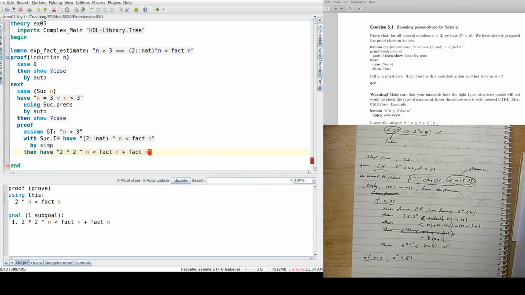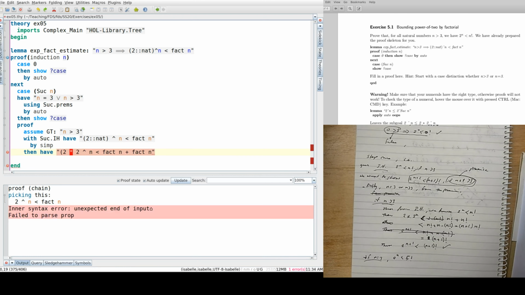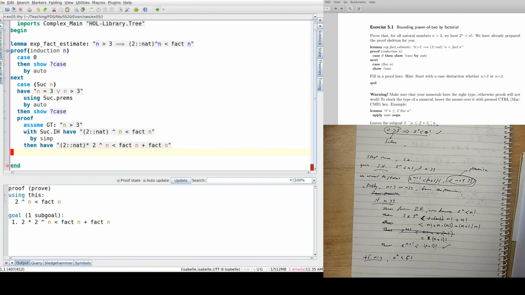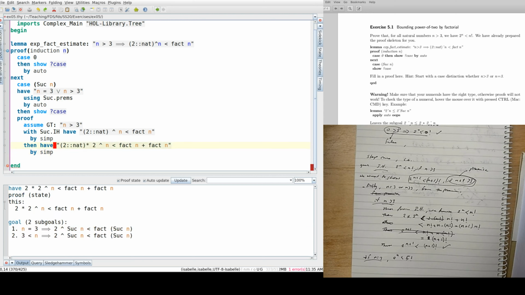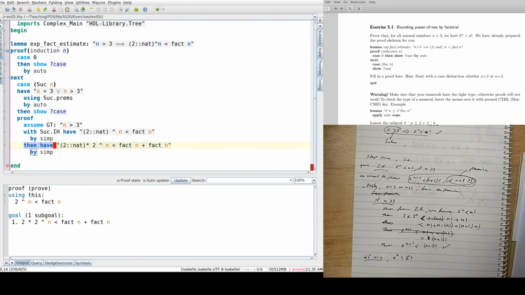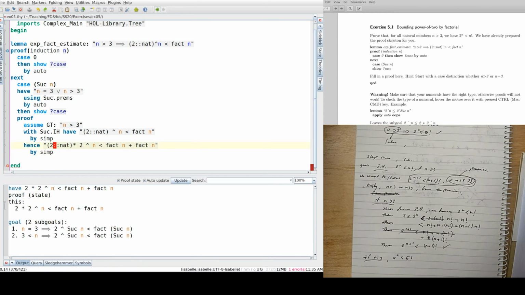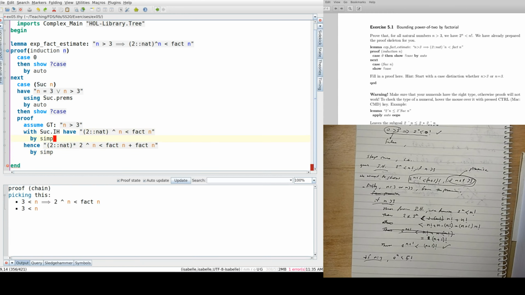Okay. And again the types. You can actually change that into hence, and that is exactly the same thing. So hence is just a shorthand for then have. Okay, and so here we did the second step.